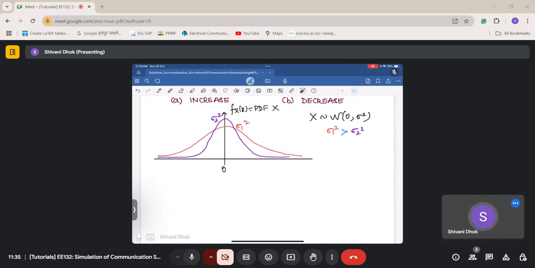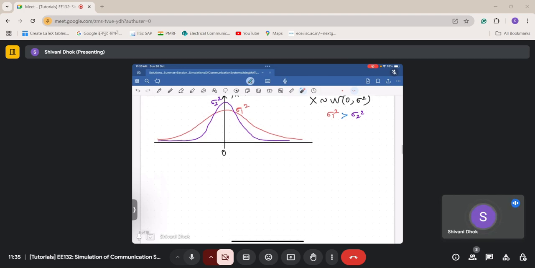So if the noise spread is larger, you might get larger values with a higher probability. However, if your variance is small, then it will be less.